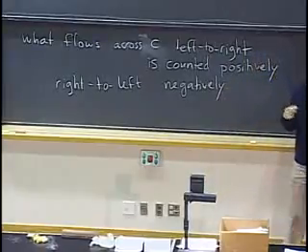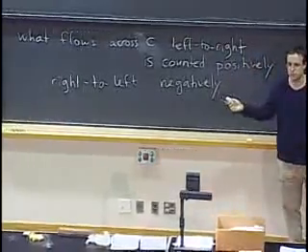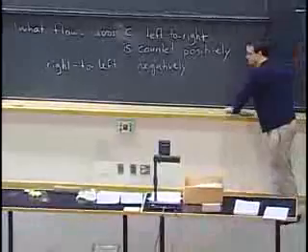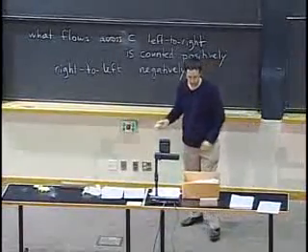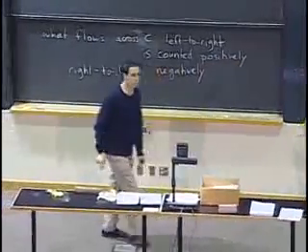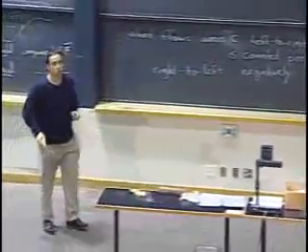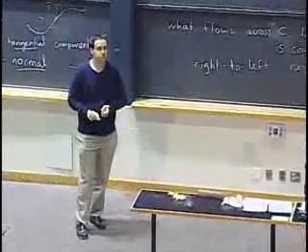Okay, so in fact, it's the net flow through C per unit time. Okay, any questions about the definition or the interpretation or things like that?